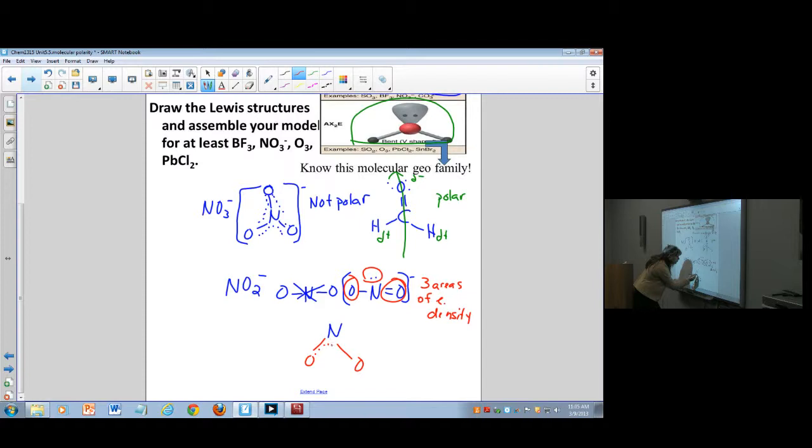In this particular case, it's resonance, and it has 2 bonds and 1 lone pair of electrons. What happens with this 1 lone pair of electrons? Well, it takes up lots and lots of space, which makes these angles less than 120 degrees. Therefore, this is a non-symmetrical molecule, and it is polar.